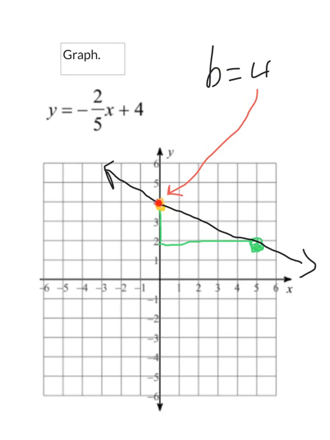So from this spot right here, we go down 2 and over 5. And we get our second point right there. We get our first point with the y-intercept, and we get our second point using the slope, m equals negative 2/5.